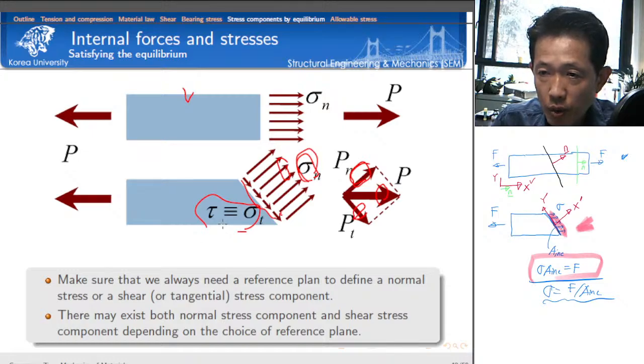So if we want to use that choice of coordinate system, I need to decompose the force into two different force components following the direction of the coordinate system. And then if you divide the force component by this area, we can obtain normal stress and shear stress very, very easily. Do you have any question for this discussion?